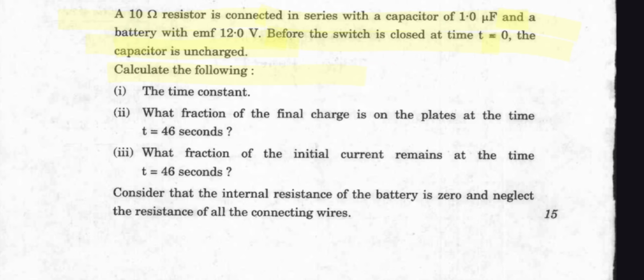Calculate the following: the time constant, and what fraction of the final charge is on the plate at time t equal to 46 seconds. Question 3. What fraction of the initial current remains at time t equal to 46 seconds? Consider the internal resistance of the battery as 0 and neglect the resistance of all the connecting wires.